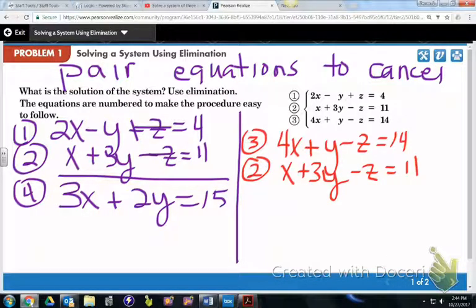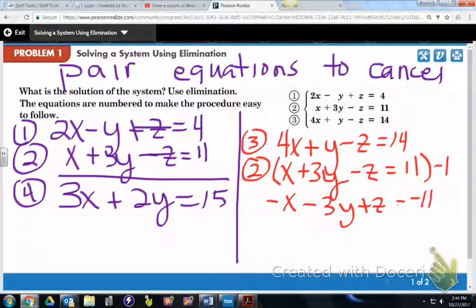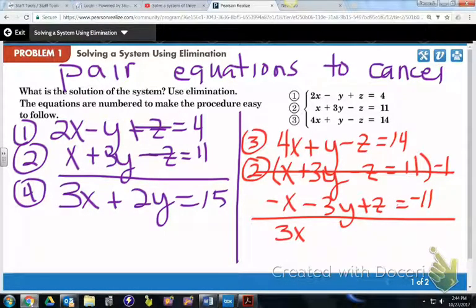To make the z's cancel, I'm going to take this second equation and multiply it by -1. Multiply equation 2 by -1 so that the z's cancel out with equation 3. And this is equation 5.